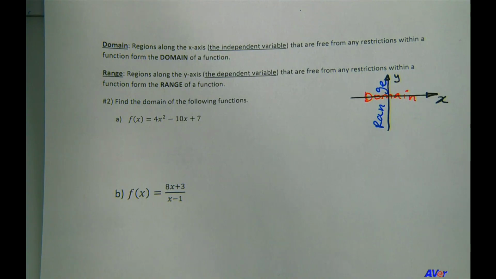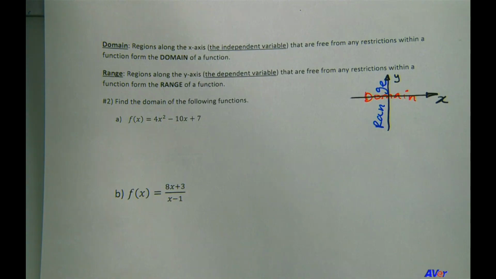And that's just one example of a restriction. But domain consists of all acceptable values of the independent variable. Most likely we call the independent variable x, right? But any acceptable values of the independent variable is part of the domain.